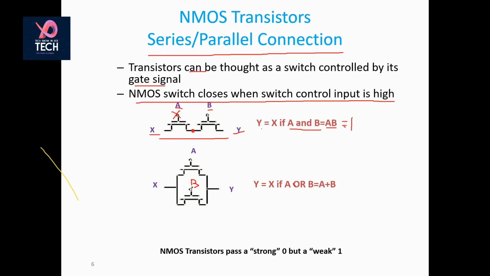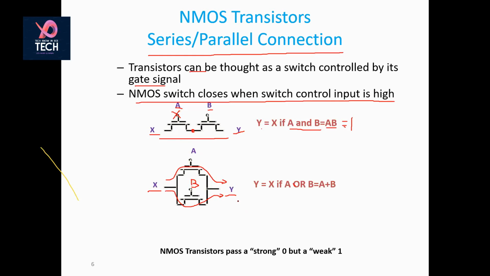Next is when A and B are parallel to each other. So NMOS 1 and NMOS 2 are parallel to each other. Now Y means your output, and X is your input. So Y is equal to X when any of these two is high. When A is 1, your device is getting this particular path. If B is equal to 1, this path, and if both of them are on, you are still getting the current.